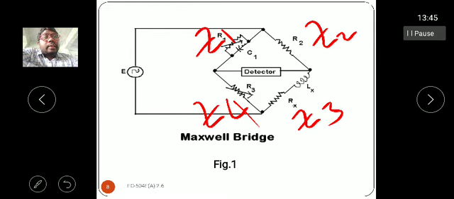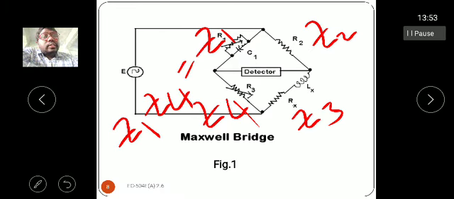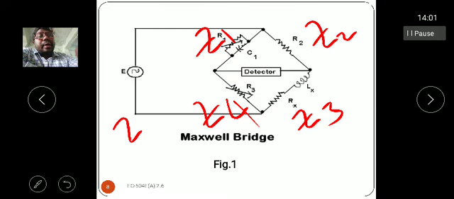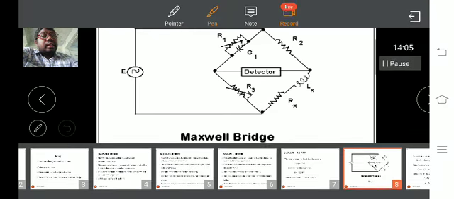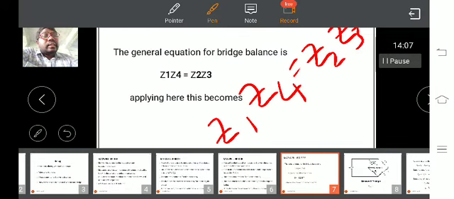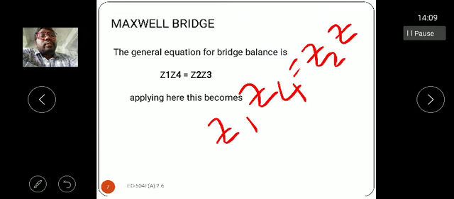We already know that if the circuit is balanced, then Z1 Z4 is equal to Z2 Z3. That is the balancing equation of the bridge circuit.